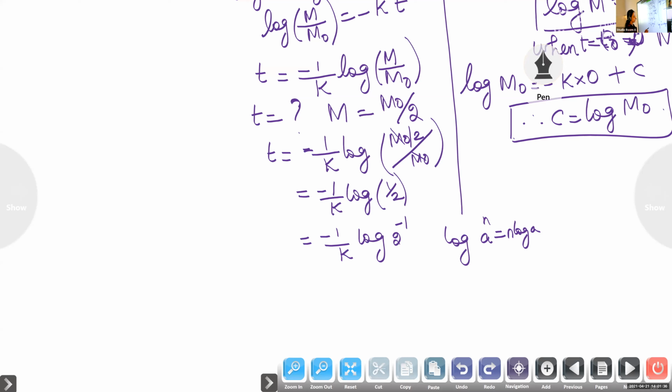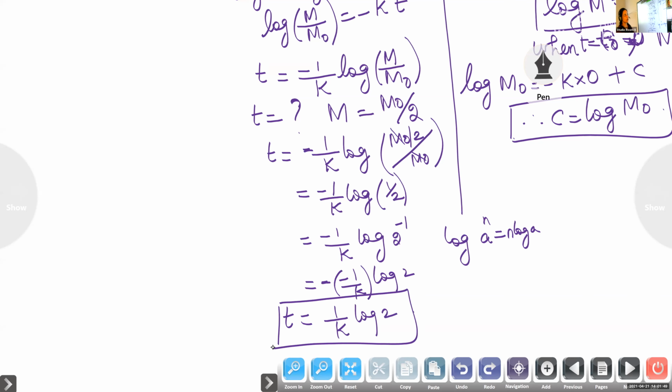Here the power is minus 1, so we can write minus of minus 1 by k log 2. So time taken is 1 by k log 2. When the mass becomes half the initial mass, time taken will be 1 by k log 2, where k is the proportionality constant.